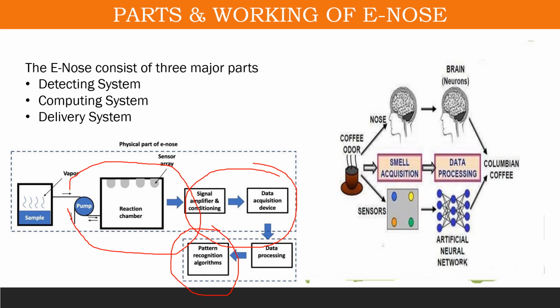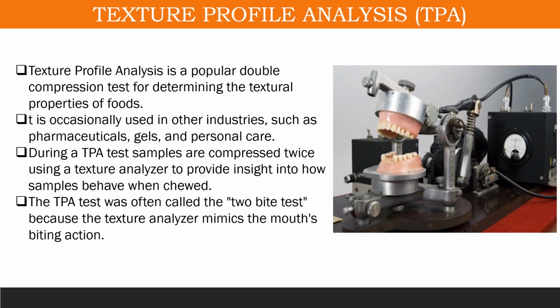There are sensor arrays which sense the gases, which are then amplified by the signal amplifier and conditioning. Then the data acquisition device acquires the data, and the data is processed and compared with the pattern recognition algorithm.